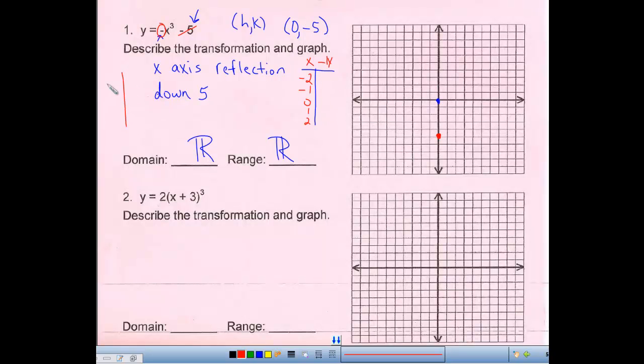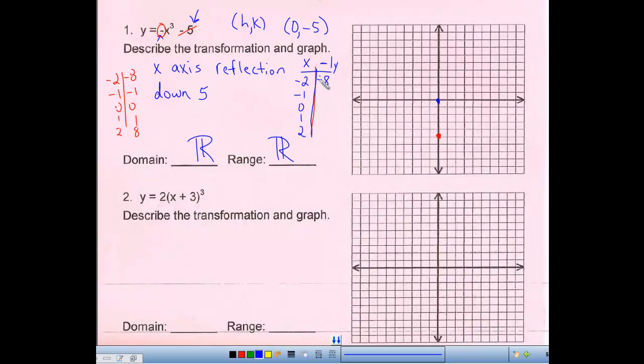Remember, the key points were negative 2, negative 1, 0, 1, and 2, and the y values were negative 8, negative 1, 0, 1, and 8. Now what's happening to x? Nothing is happening to x, but we are multiplying y by negative 1. So all the x values will stay the same. For the y values, we will multiply by negative 1.